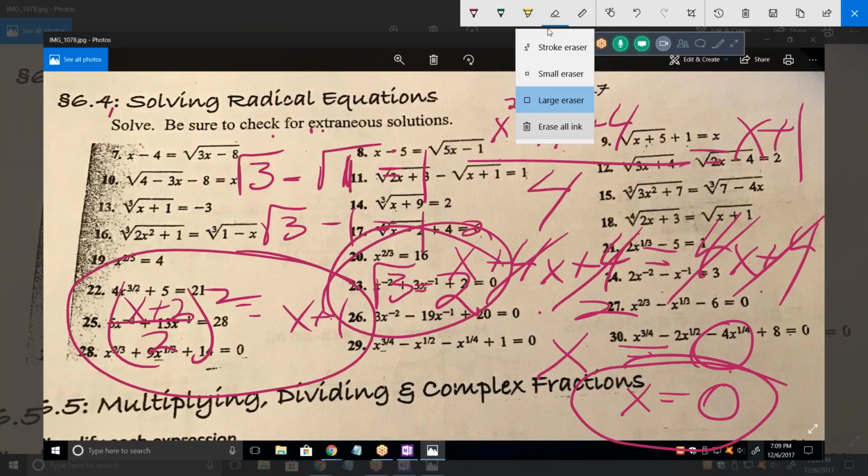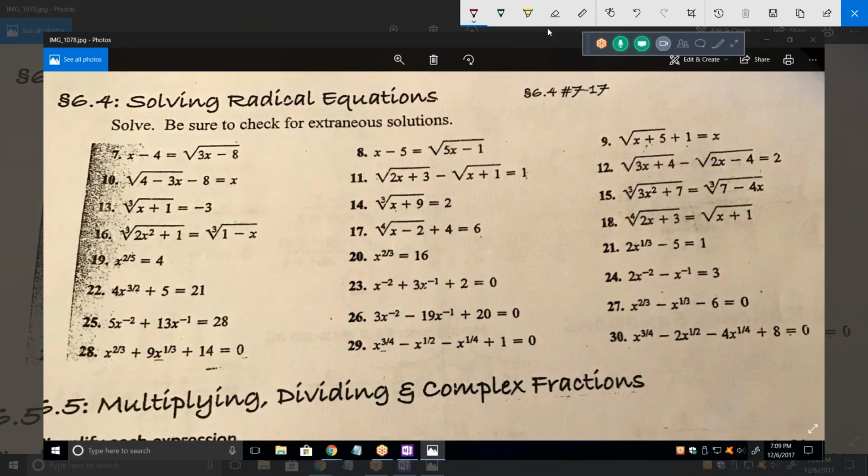Do you have answers on these? Do you have answers on number 11? Yeah, let me find it really fast. Go ahead and find it. That's an odd answer for the very first problem that has 2 radical signs in it. Yeah. So I want to make sure we don't have an arithmetic error.